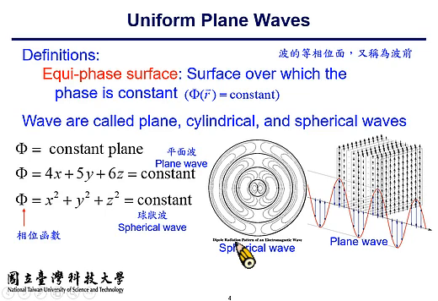And if the equal phase surface forms a planar surface, of course, it can be referred to as the uniform plane wave. And here are some descriptions for some examples. To the left are some examples of the equal phase surface description. Okay, one is a constant, and the second one phi equal to 4x plus 5y plus 6z as a constant.